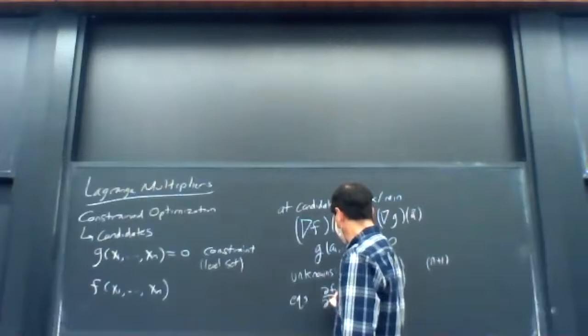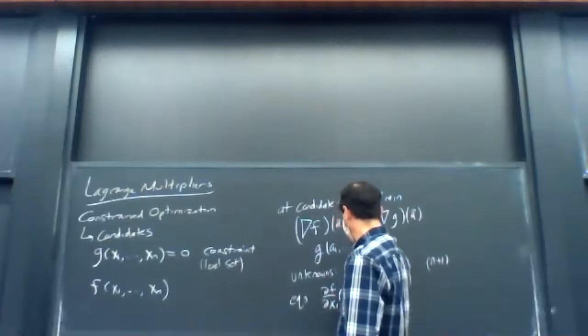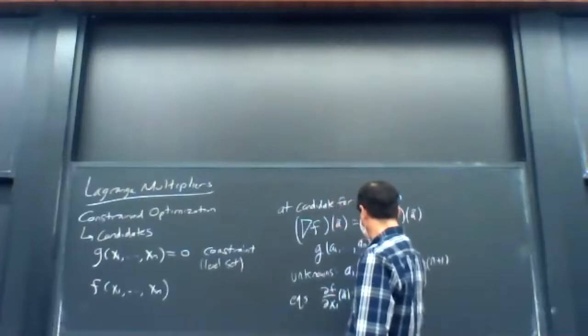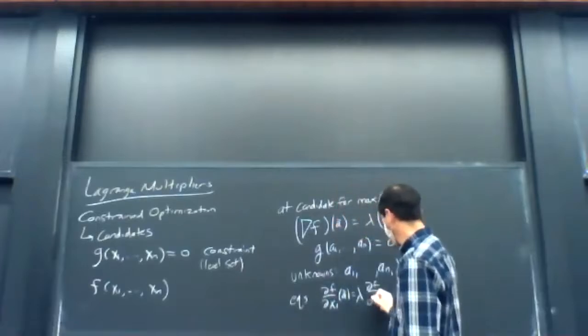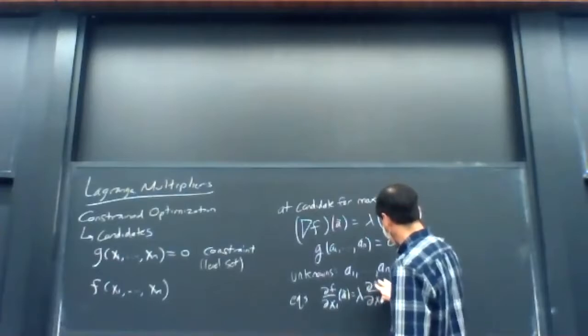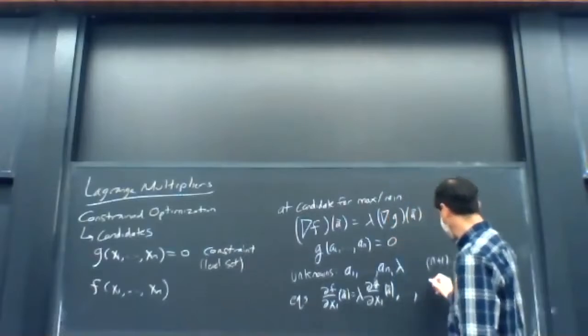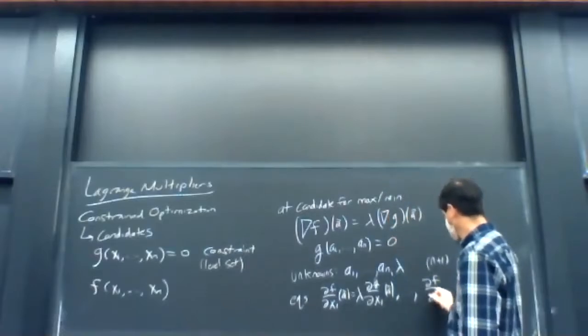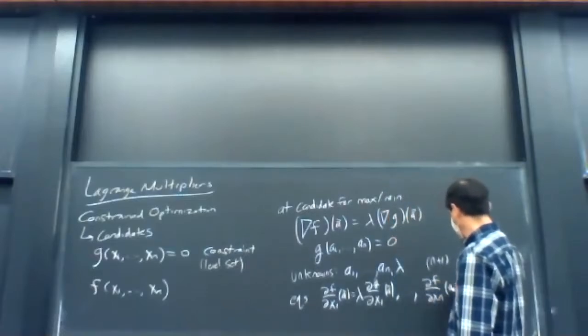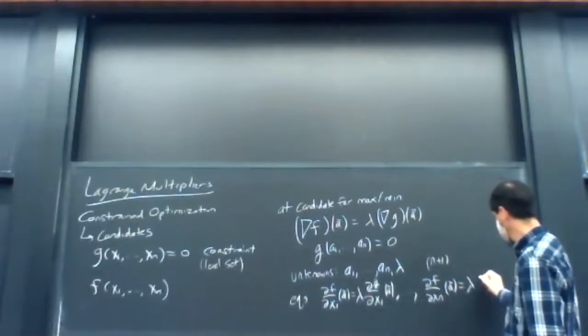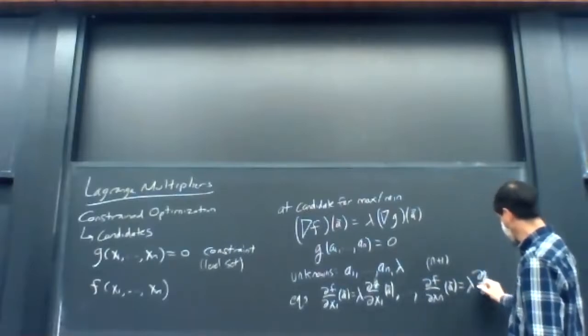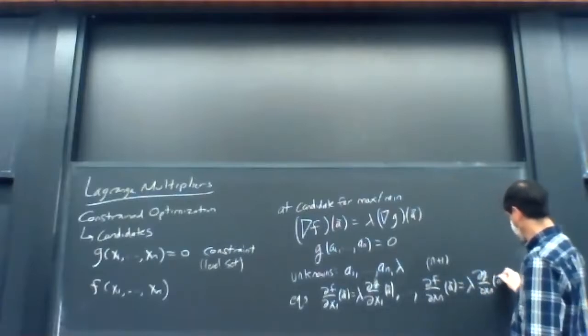df/dx1 at a equals lambda dg/dx1 at a, all the way down to df/dxn at a equals lambda dg/dxn at a.